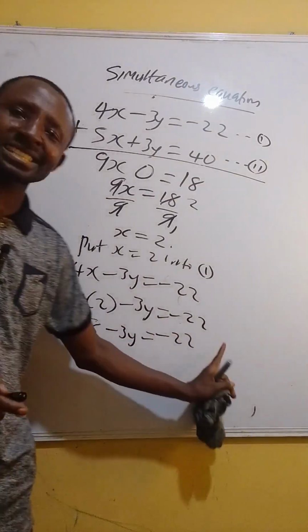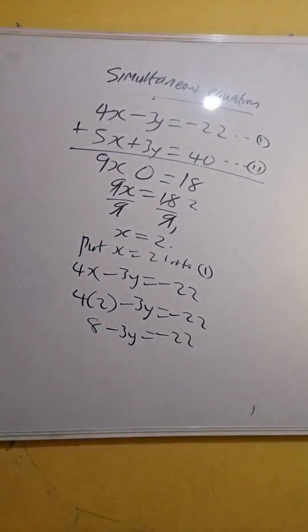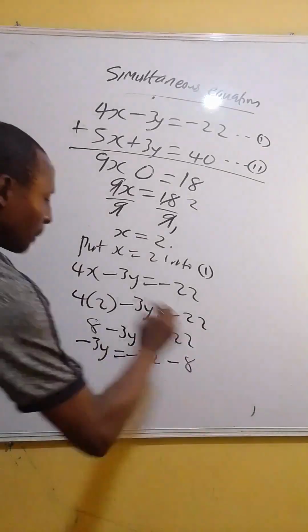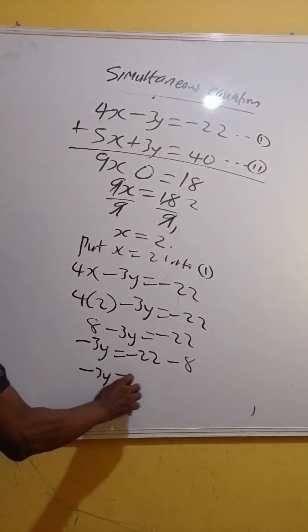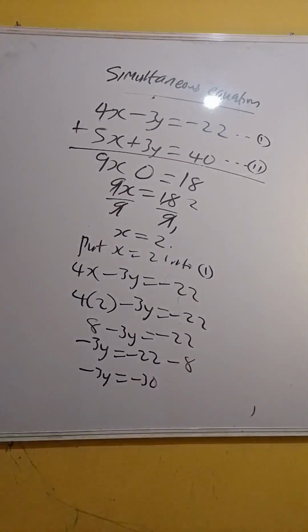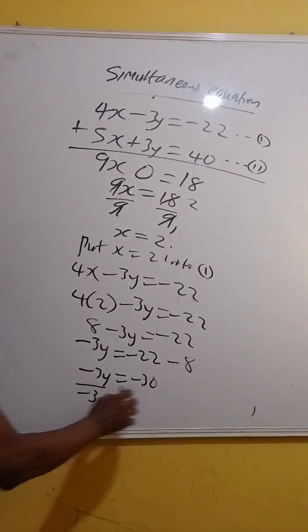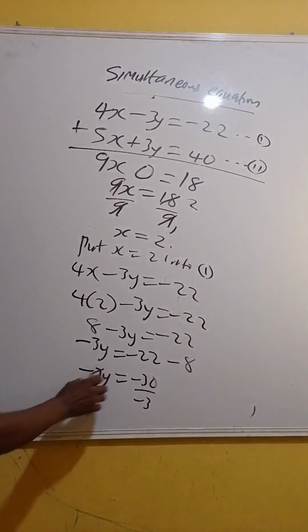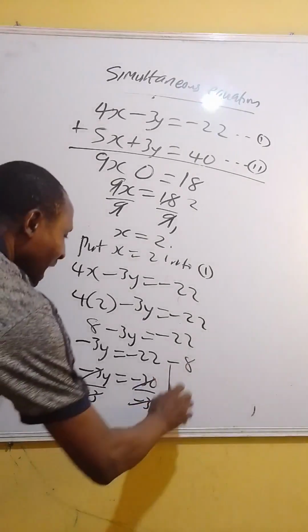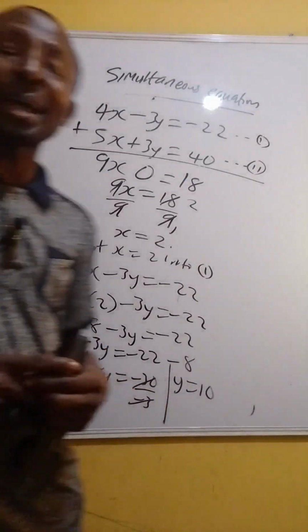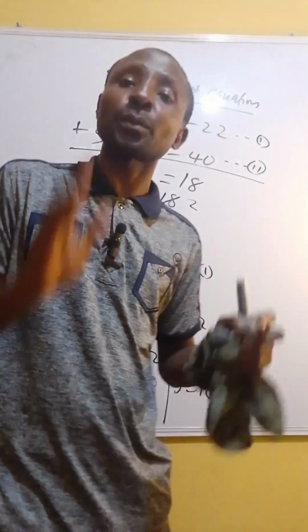Transpose the 8 to the other side and it becomes negative: minus 3y equals minus 22 minus 8, so minus 3y equals minus 30. Divide by minus 3. Minus 30 divided by minus 3 gives plus 10, so y equals 10.